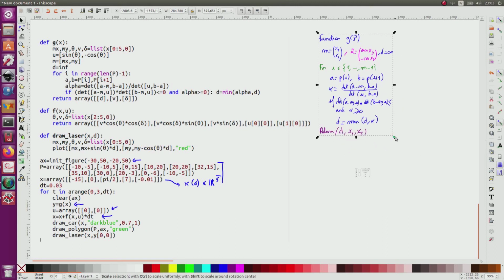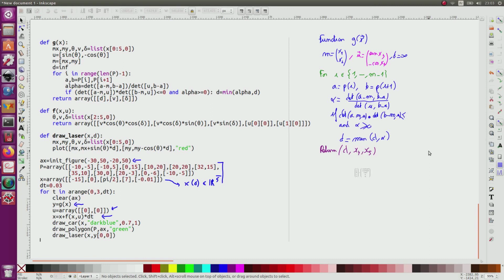So I explain, we can recognize the observation function seen in the previous question. Here m corresponds to x and y as defined here, where it is defined as mx and my. U is defined here. Then d is initialized at infinity.